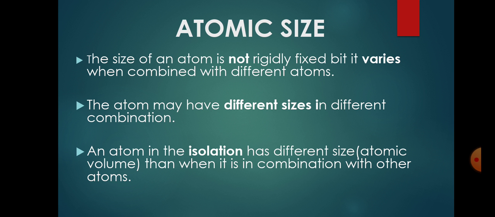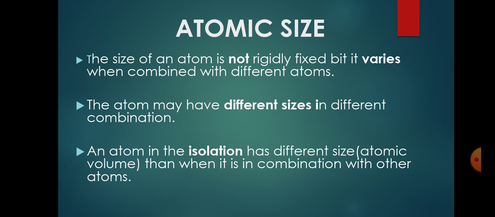Now, what is the atomic size? The size of an atom is not rigidly fixed, but it varies when combined with different atoms. That means the size of an atom is not fixed; it changes when combined with different atoms. In a chemical reaction, when hydrogen and chlorine react and form hydrochloric acid, its atomic size is different from when hydrogen combines with bromine and forms hydrogen bromide.